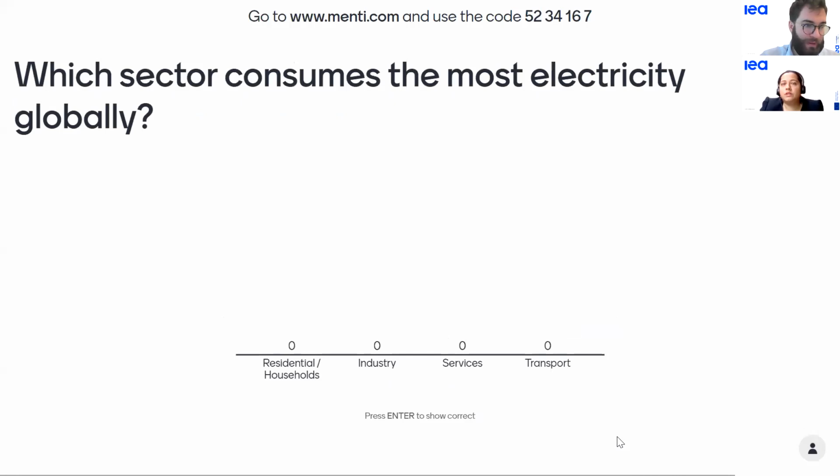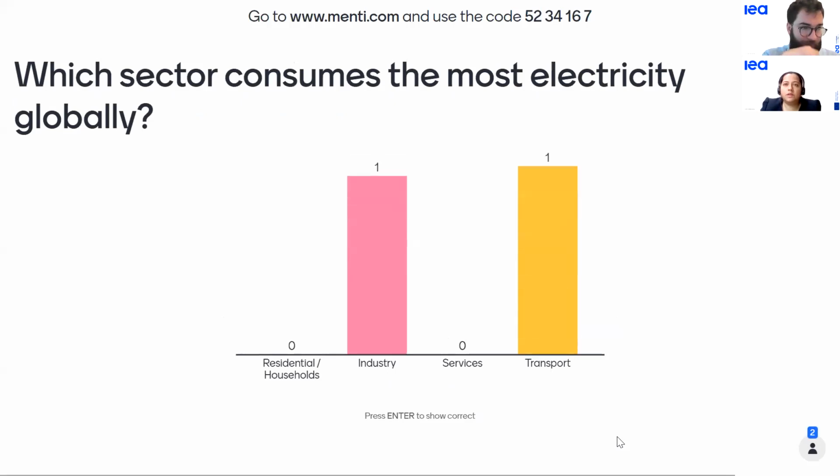Another question: which sector consumes the most electricity globally? Is it the residential sector, the industry, services, or transport sector? Which one of those consumes the most electricity globally?